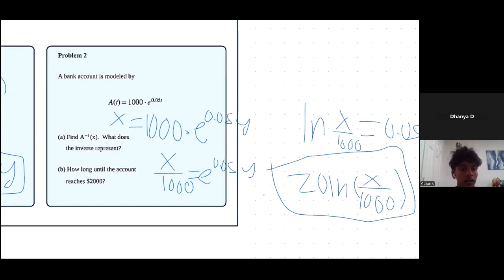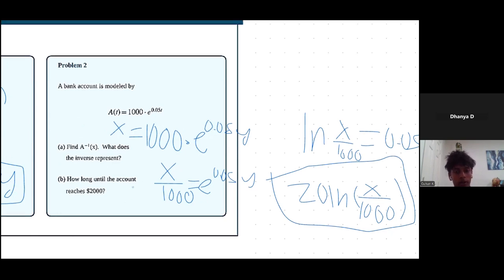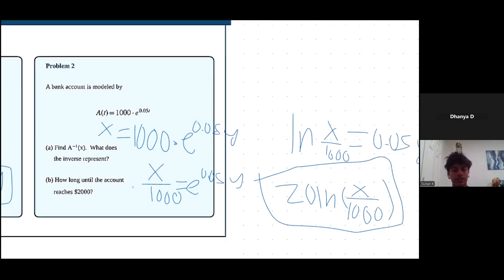And then, how long until the account reaches $2,000? This is asking about our original function, and it's easier to solve with our inverse function. We're looking for when y equals 2,000, but with our inverse, we can just plug that in as x.